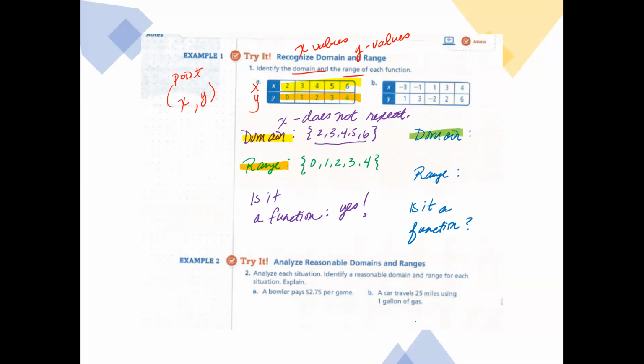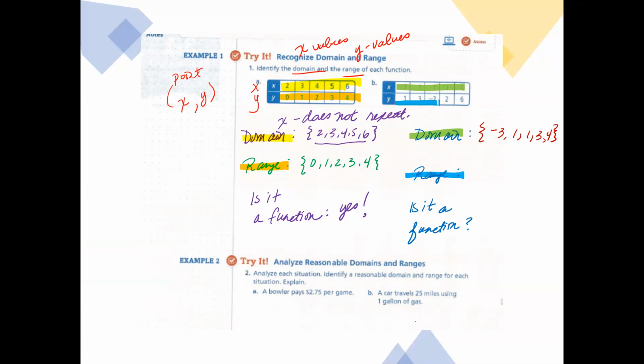All right, let's go over the answers. Domains are all of the x values, so that'll be -3, 1, 1, 3, 4. Next I'm going to find the range.